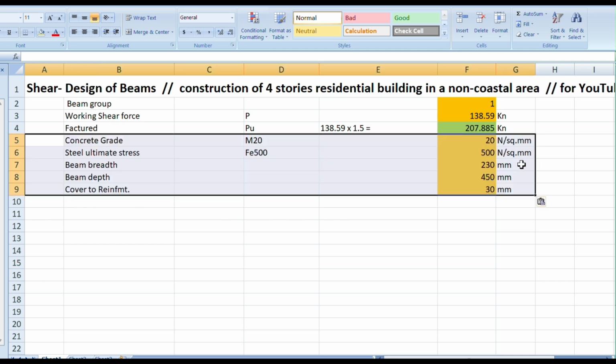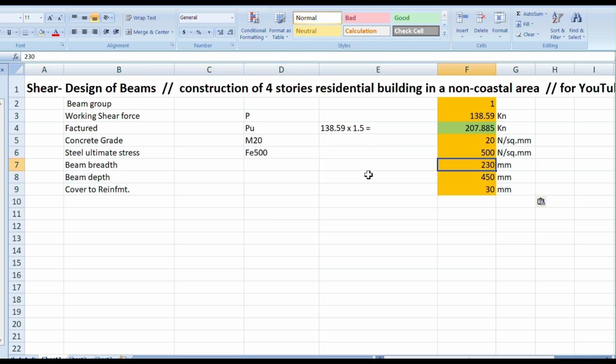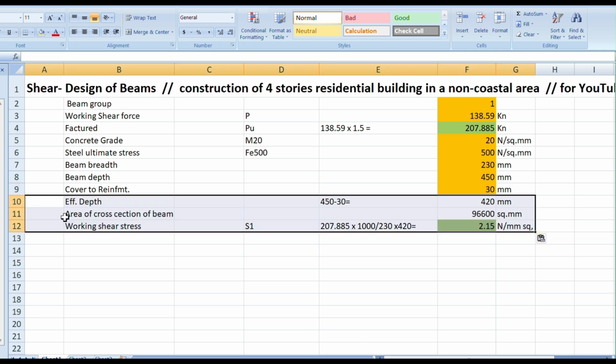Then these are the section parameters: the concrete is M20, the steel is Fe 500, the width of the beam is 230, the total depth of the beam is 450, and the cover to reinforcement is 30 mm. So what is the effective depth?